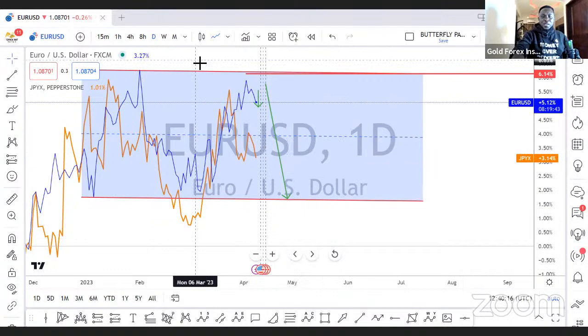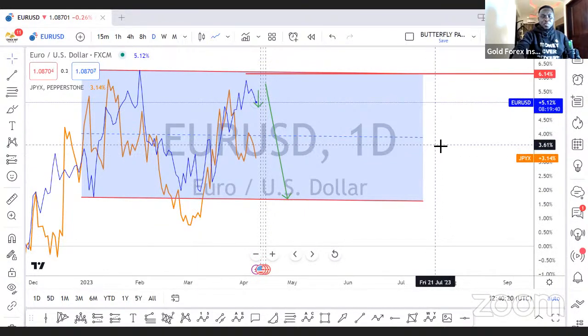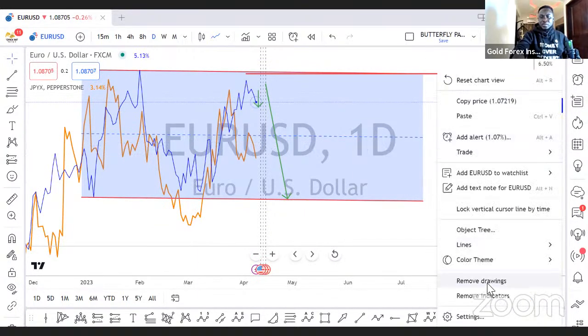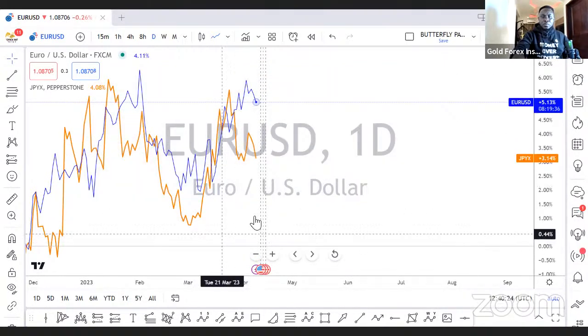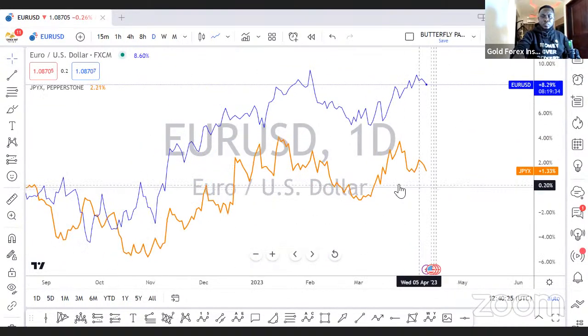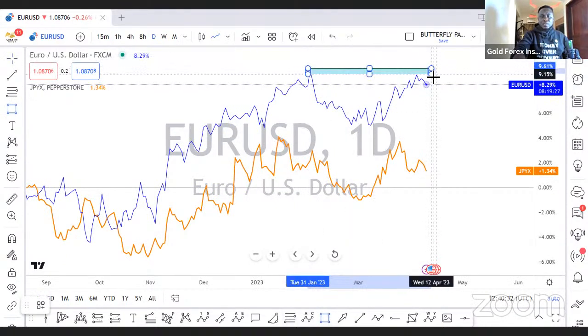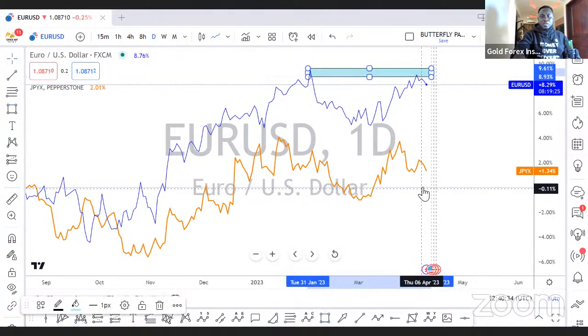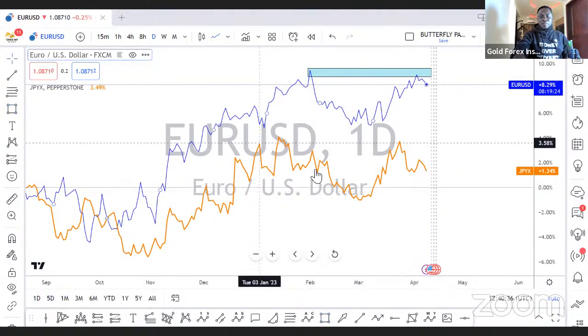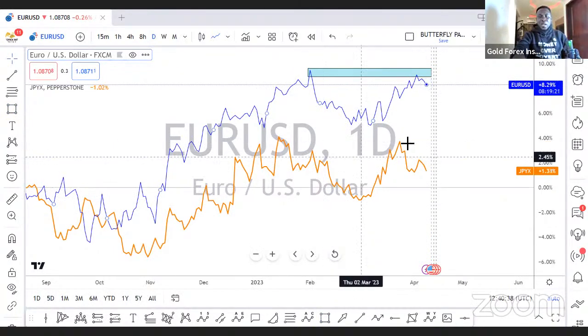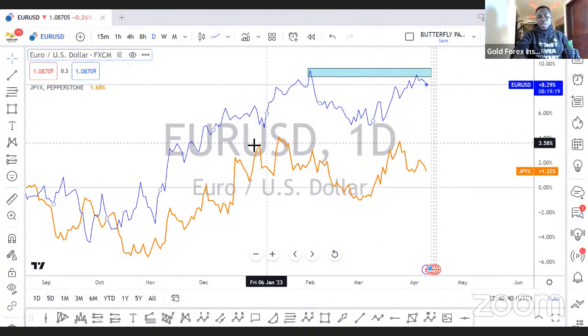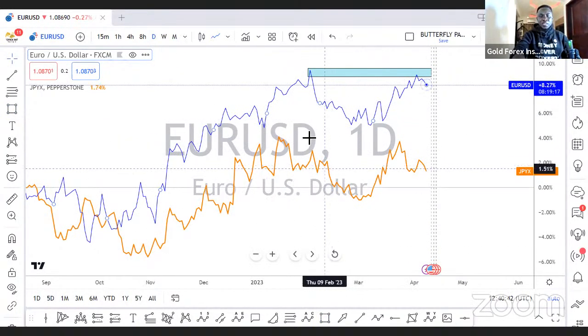Let me remove everything on the chart. Now, let's look at the resistance level of Euro USD. You can see that the yen index has been on a direct relationship or correlation.